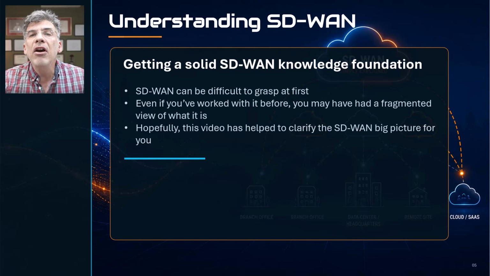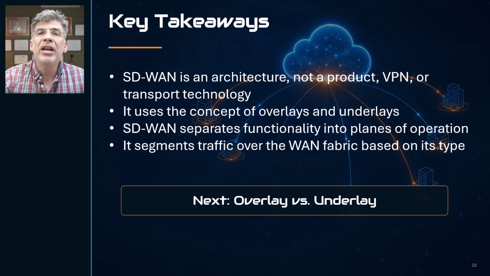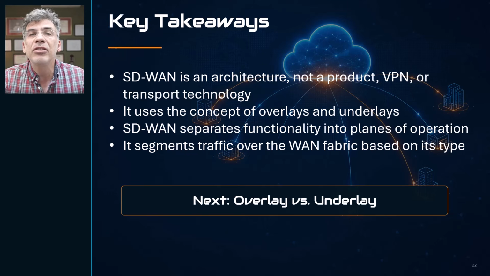So these are the characteristics of SD-WAN. So what is SD-WAN? SD-WAN is a modern WAN architecture. It's not a product, it's not a VPN, it's not a transport technology. It uses secure overlays over one or more underlay transports. It separates functionalities into planes of operation, and it segments traffic across the WAN fabric.